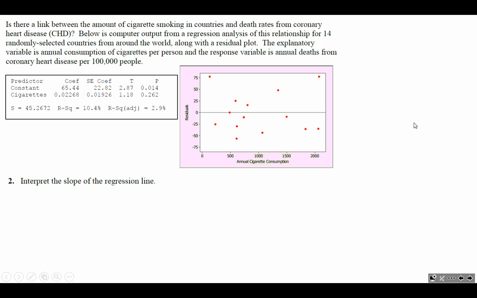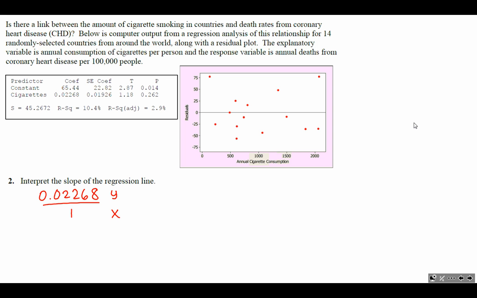So always think of your slope as being over 1, even though it is a decimal. Then we know that slope is change in y over change in x. And that's just going to help us get the numbers in the right spot when we're talking in context. So we want to say as x goes up by 1, y goes up by 0.02268, but in context.